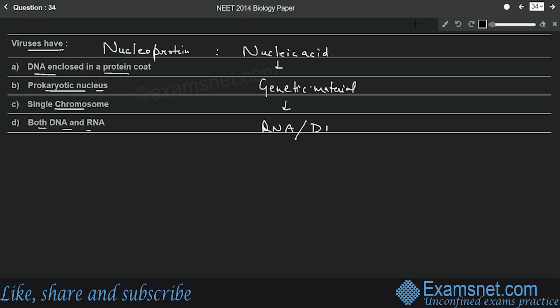Okay, they don't have both, they can have only one, either DNA or RNA. And nucleic acid plus they also have protein coat, therefore they are known as nucleoprotein. Okay, so they have DNA enclosed in a protein coat. Option A will be the correct answer. If it would be RNA, then also it would be the correct answer, because they can have DNA or RNA. So option A will be the correct answer.